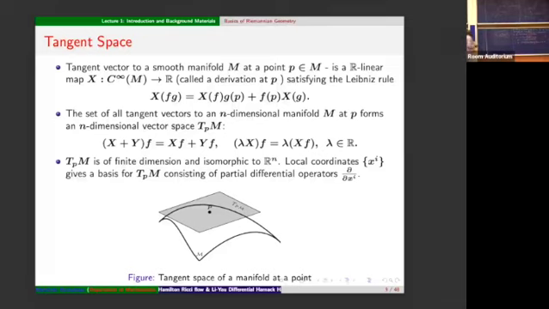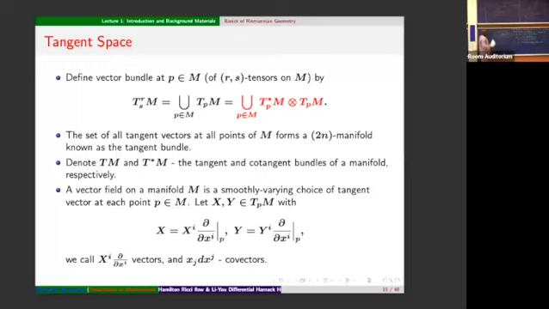So if you have a vector X along this line, locally it looks like what you have here: at x_p, you have the sum of x^i times partial x_i. So this is what a vector is.